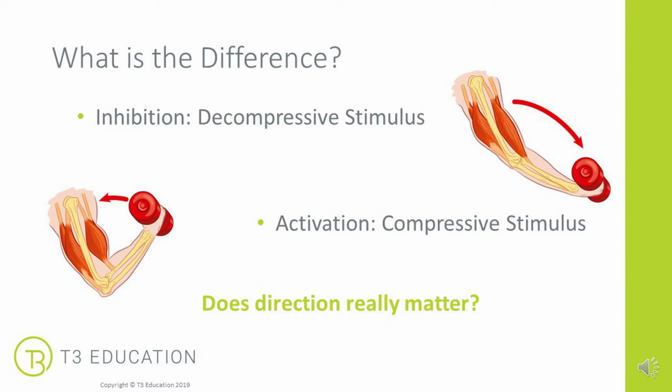So what's the difference? In terms of what we teach here and what our intention is when we tape our clients, we're looking at inhibition as a means of decompressing the area. So the stimulus that we're trying to create with the tape is about decompressing, opening, creating length.